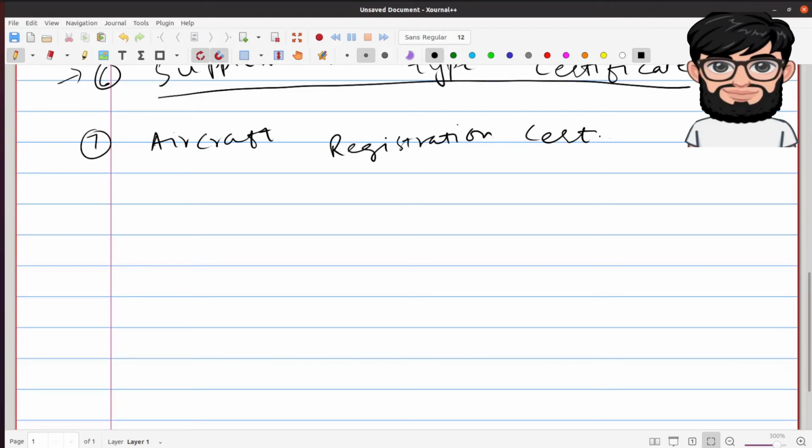So what is it? It is a document from the FAA of the registration of the aircraft. It is issued by the FAA Aircraft Registry, and you need to have it to legally fly the airplane.